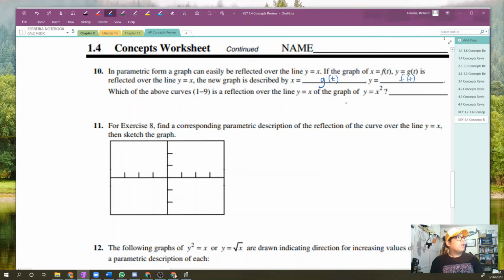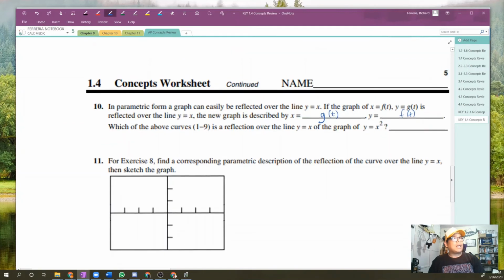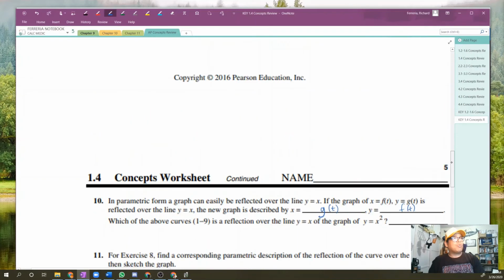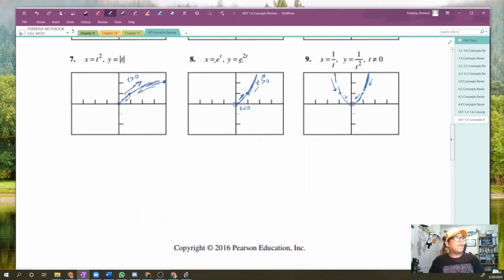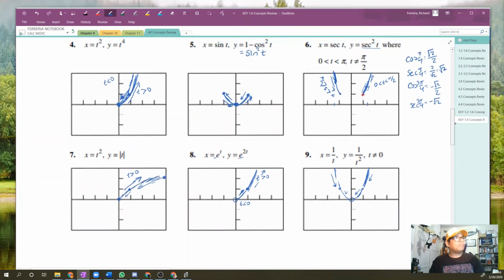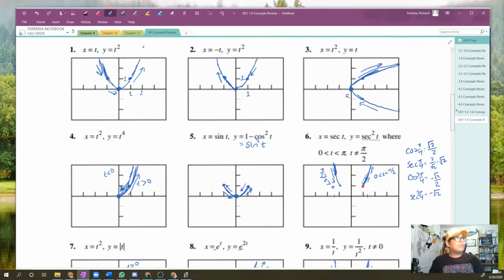Okay. Which of the above curves is a reflection about the line y equals x for the graph of x squared? So basically, where do we have the reflection of the parabola? And here's one.